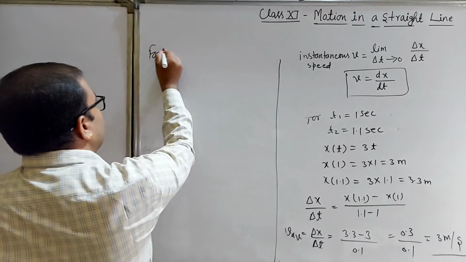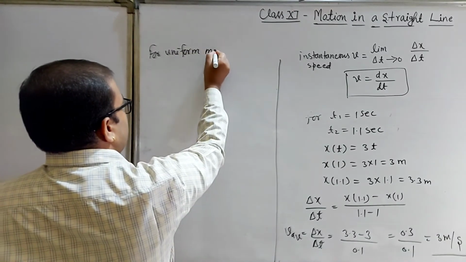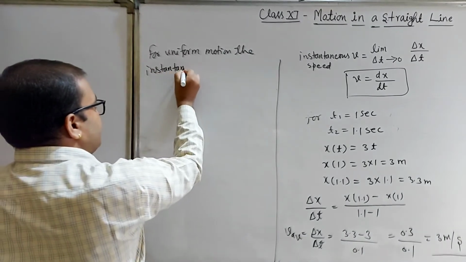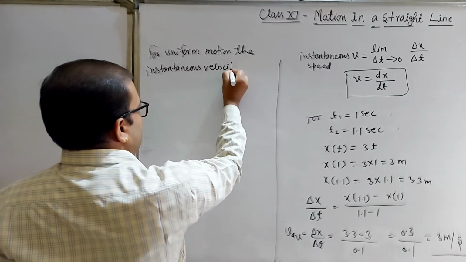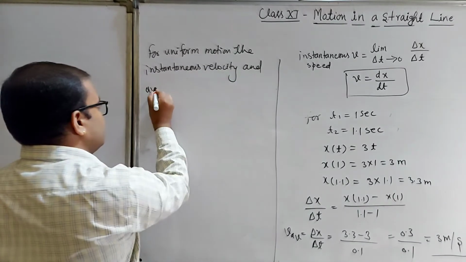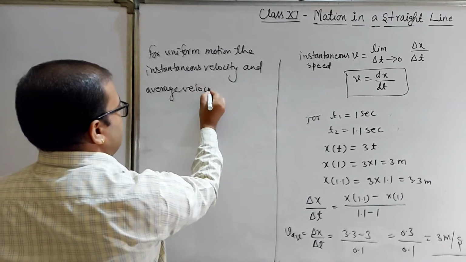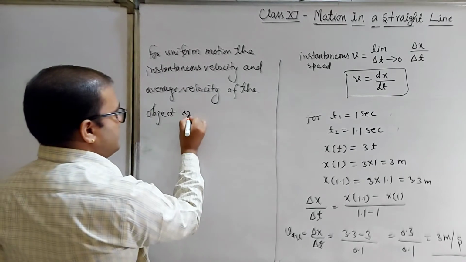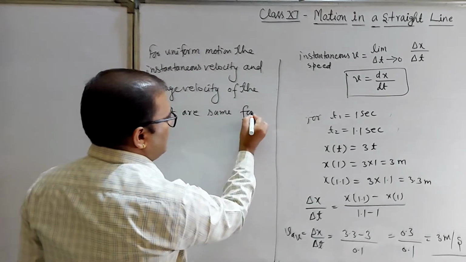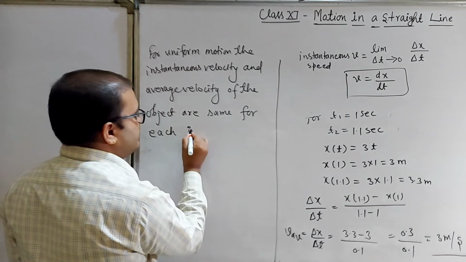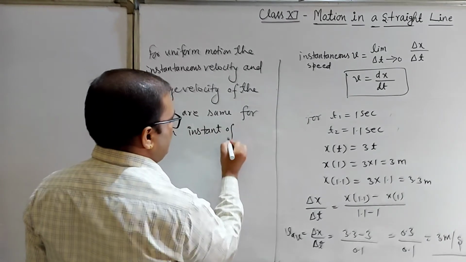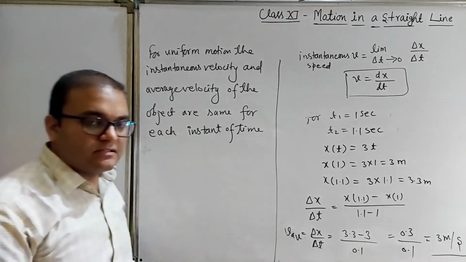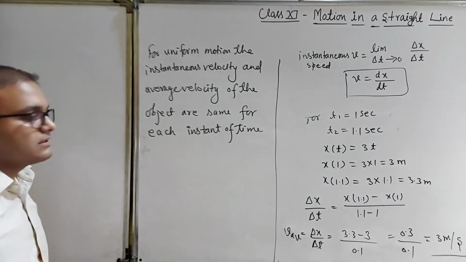We can say for uniform motion, the instantaneous velocity and average velocity of the object are the same for each instant of time. Means average velocity and instantaneous velocity are the same. Okay, so you can note down this concept also.